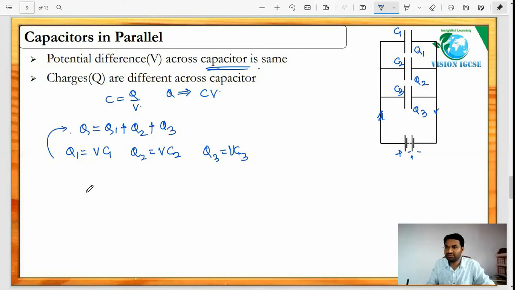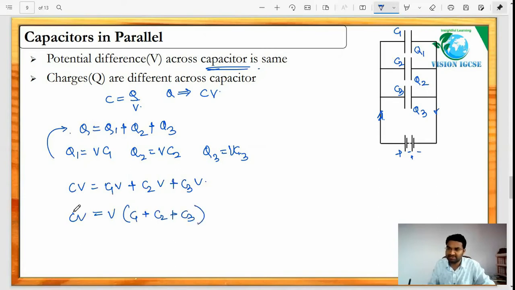So Q is equal to CV, which is equal to C1V plus C2V plus C3V. Just take V out: CV, V is equal to C1 plus C2 plus C3, right? And just cancel out this V. So the total capacitance of capacitors in a parallel connection is equal to C1 plus C2 plus C3. Okay, that's it. Getting it?